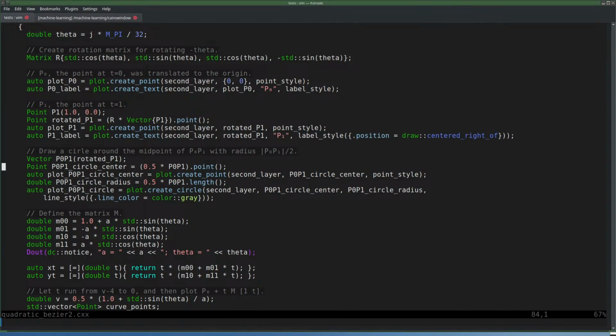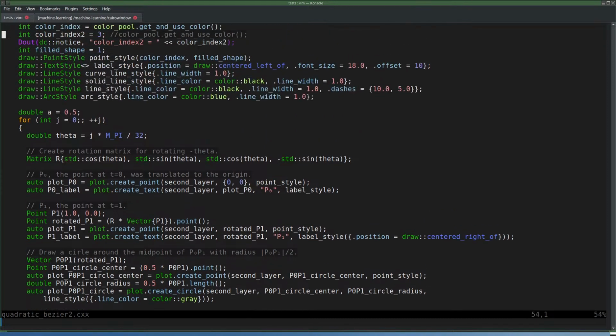Almost. Definitely changing theta. You definitely did not rotate P1 correctly. Not even close. What is going on then? Yeah, I mean, I start with J is 0, theta is 0, cosine 1, sine is 0. This should work, but it isn't.